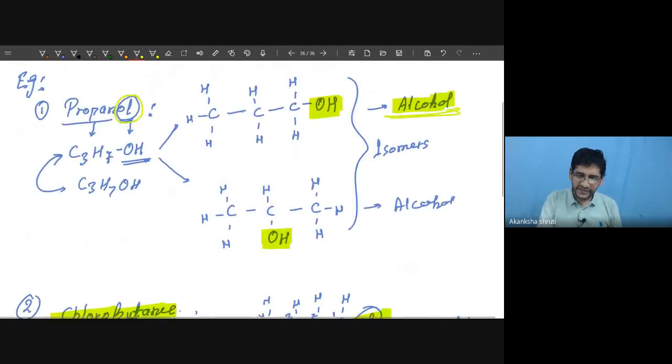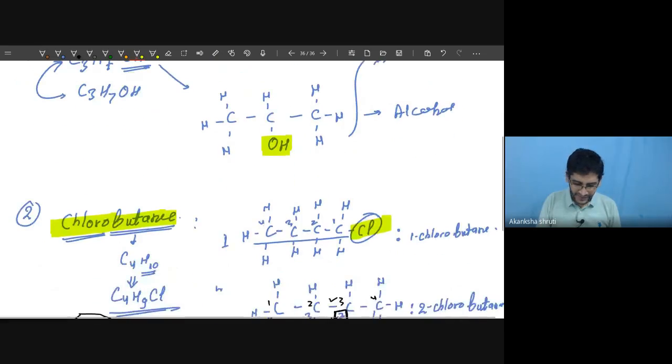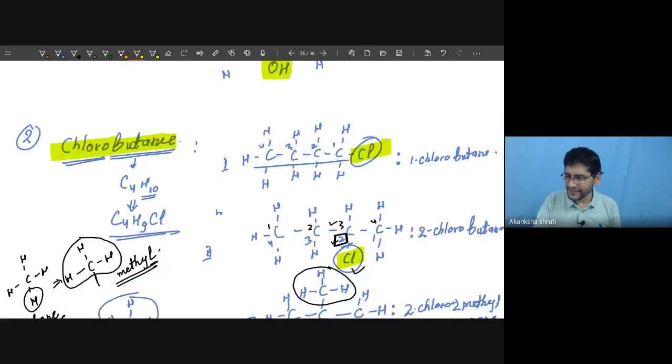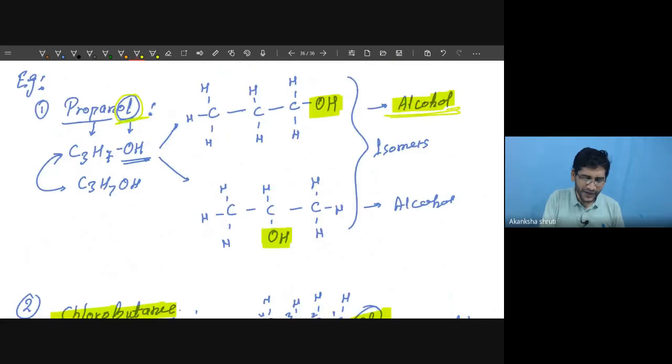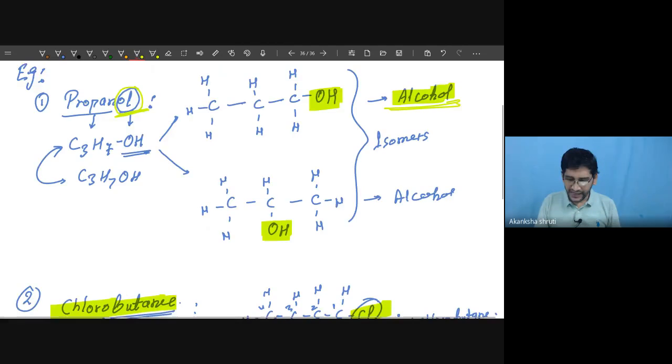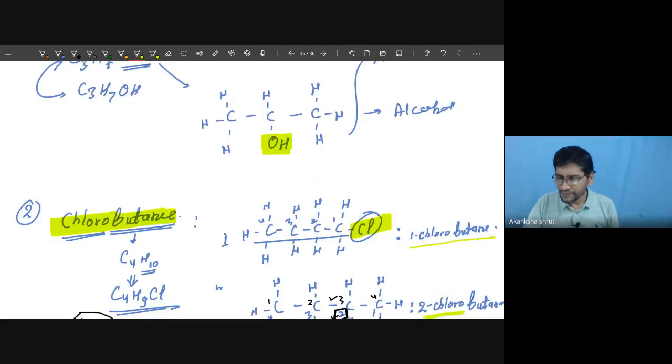So either this functional group is added as a suffix or as a prefix. Prefix is what comes before the name, suffix is what comes after the name, like propanol, OL at the end, it is a suffix. Like here I have written chlorobutane.